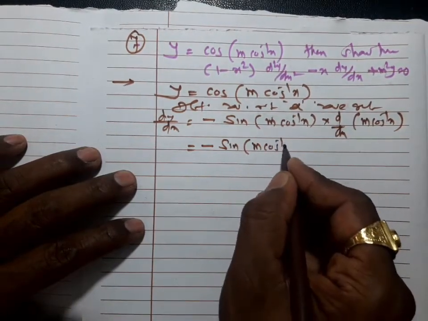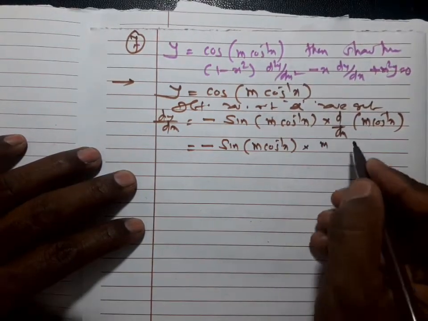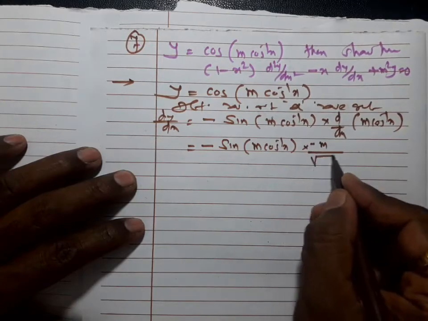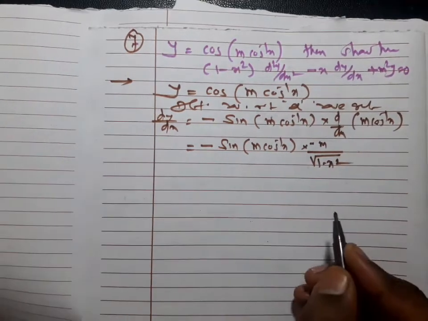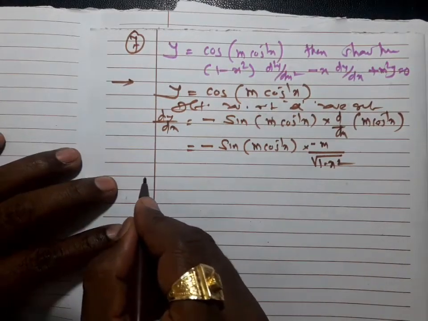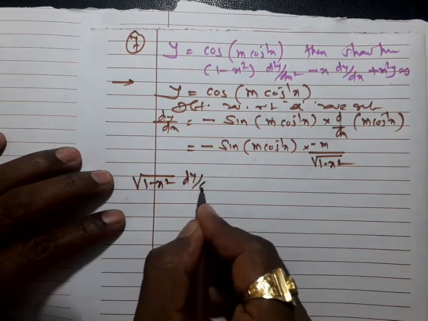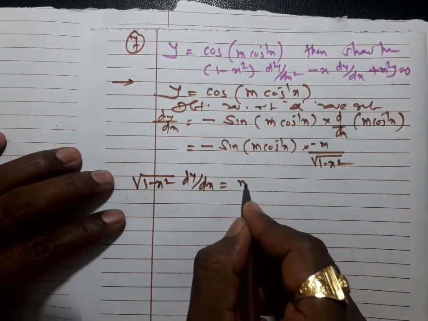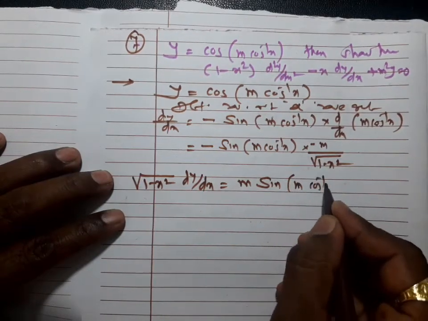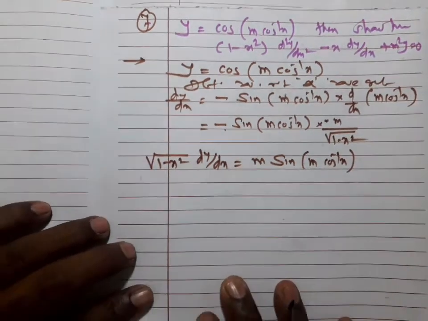This is cos inverse x, derivative is minus 1 upon root 1 minus x square. By the cross multiplication, it is root 1 minus x square dy by dx equals m sin m cos inverse x. This minus and minus become plus.